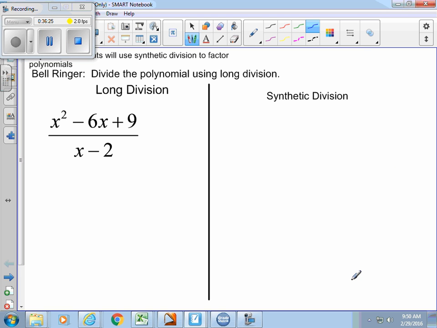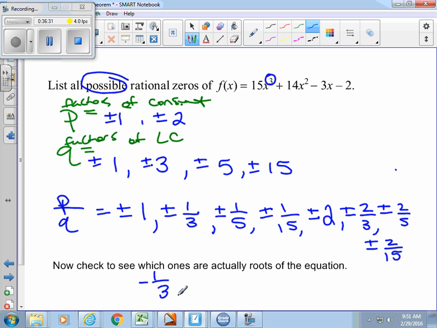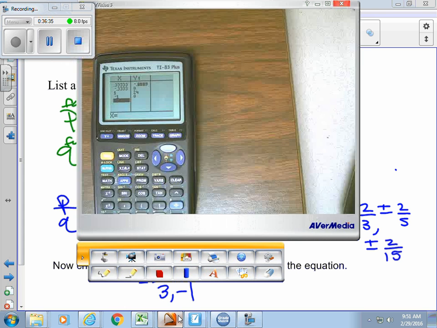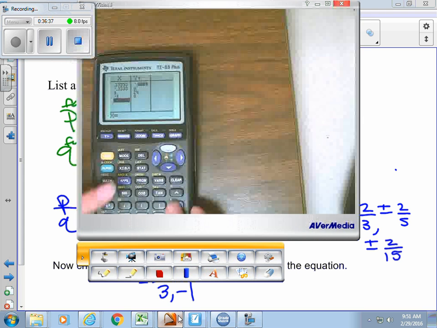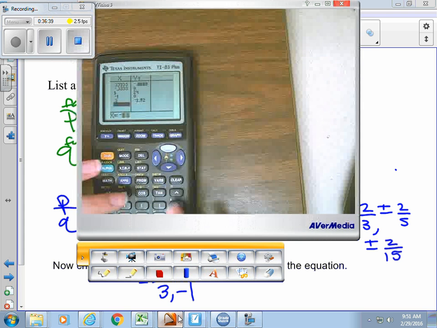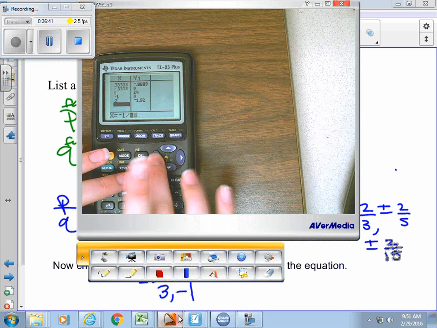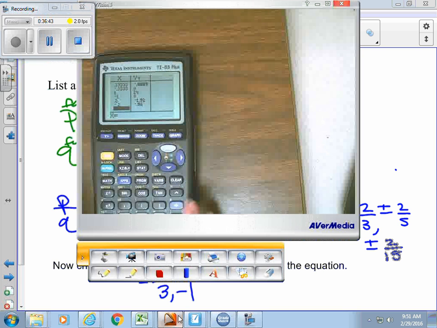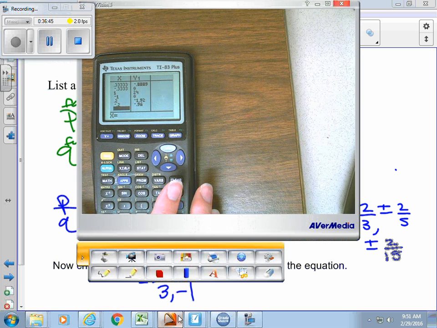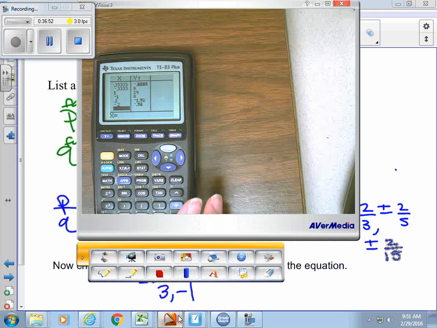-1. 1/5. If it's giving you the y values in fractions, how do you fix that? Go to mode and you'll see an option like exact, or put it on auto.